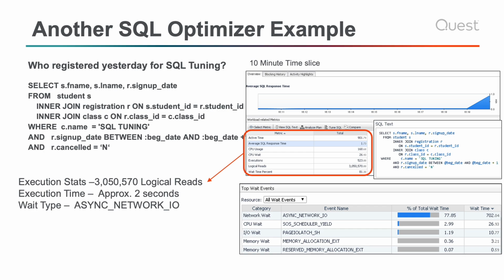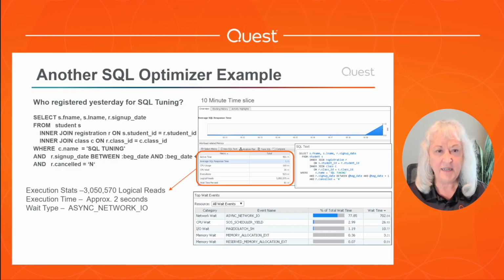They had three tables, and the query selects student name and sign up date from student, joined to a historical table, registration, on student ID, and joined on class ID, and they were passing in literals. I changed it just to be SQL tuning, and they were passing in a date range, which I changed to be yesterday.